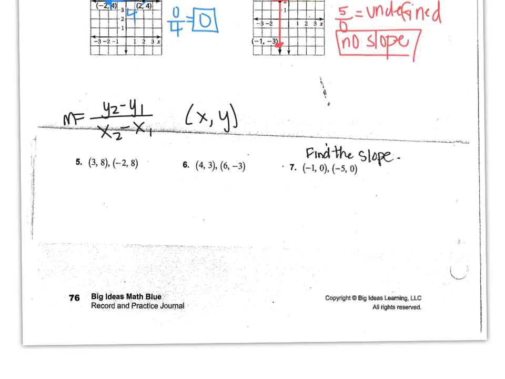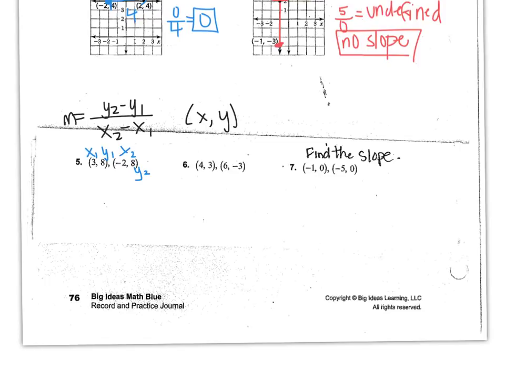So the first thing I always do is I label. So this 3 represents an x value from point 1, and the 8 represents the y value from point 1. I'm just labeling it point 1, point 2. -2 is the x value from point 2, and 8 is the y value from point 2. Sorry, that's a little messy.